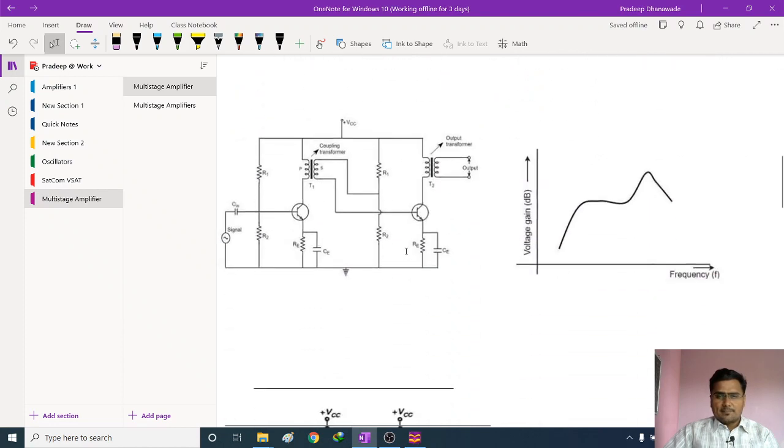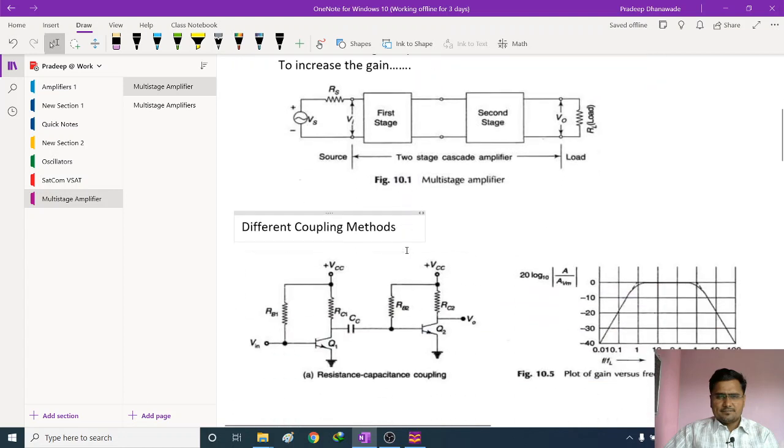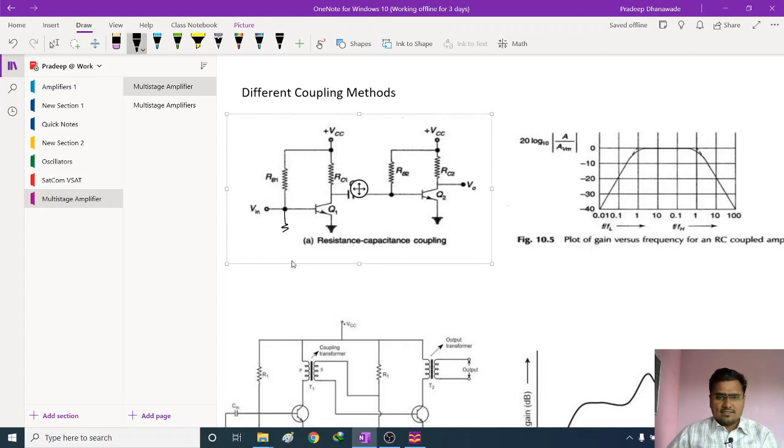Let me check whether I have that RC coupling. Look at this, the different coupling method is resistance capacitance coupling. A resistor is RC1, that is the collector resistor of the first stage. Here I am drawing a very small diagram of the amplifier. I am not drawing R1 and R2 separately, but if you want to, you can draw R1 and R2 here, and RE also.